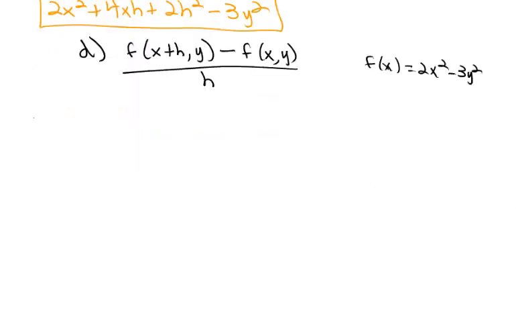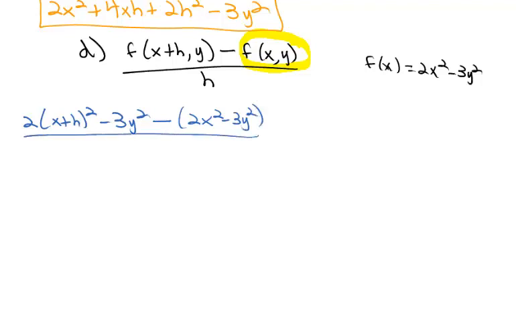So first we're calculating f of x plus h comma y. So that's 2 times x plus h squared minus 3 times y squared. And then we subtract. Notice we subtract the entire function, so the entire function has to go in parentheses: 2x squared minus 3y squared, all over h.